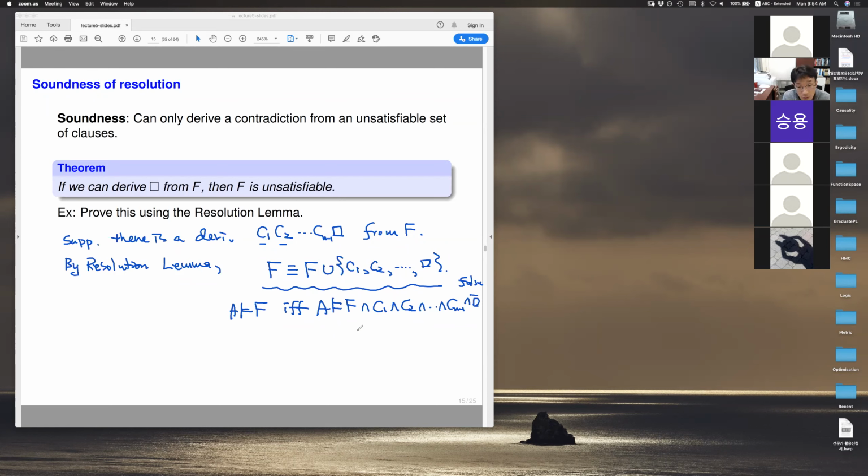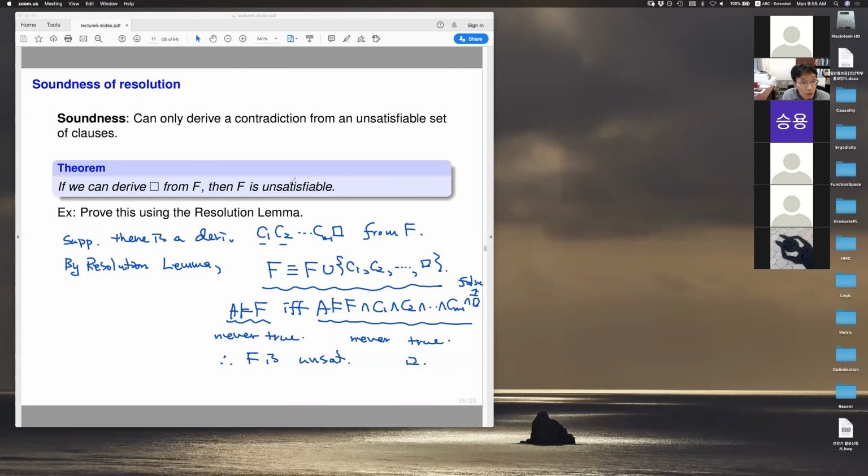But then you can see, the box, which is false, is always false, so it will never be true. So this part will never be true, and that implies this part will also never be true. What this means is that F is unsatisfiable. So that's how you can prove this soundness statement.